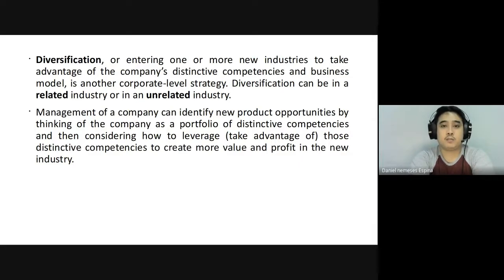So that business is involved into mga renewable energy. Okay? So producing mga renewable energy. Maynilad is also under Ayala. So grabe na ka-diversified si Ayala Corporation.